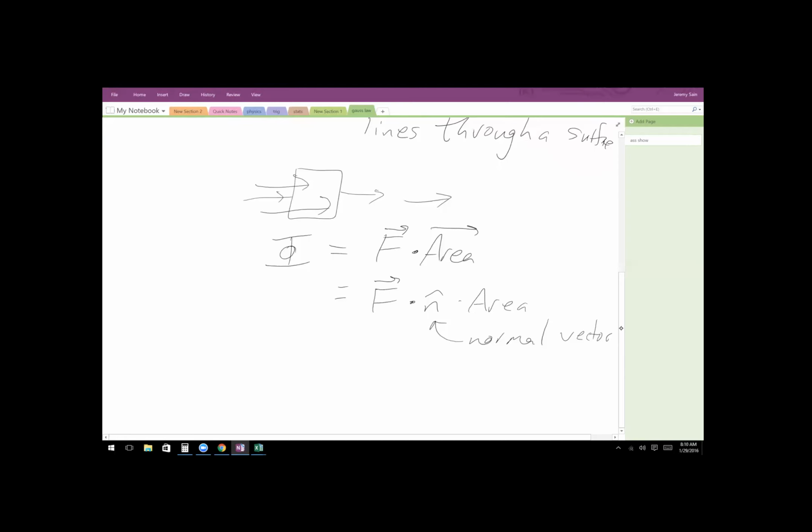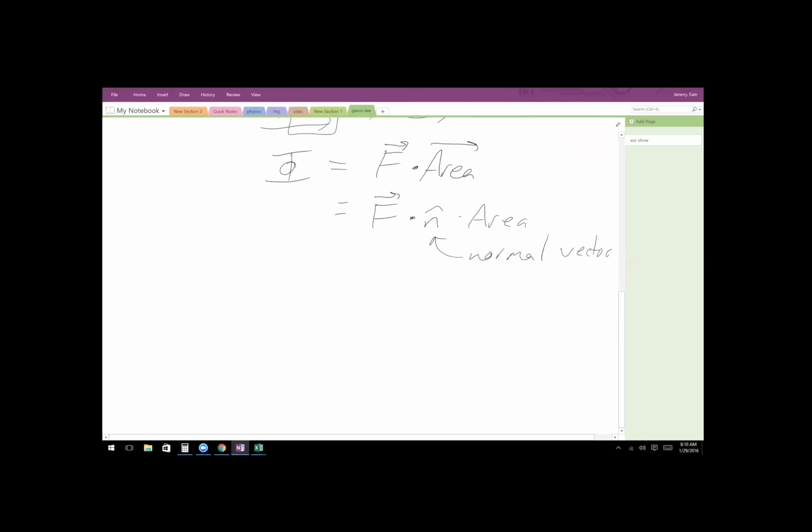Anyway, okay, so let's do a little flux computation just for the grins of it, and then we'll go back. Let's say I've got an electric field that's 1,000 newtons per coulomb, and it's going in the I direction.